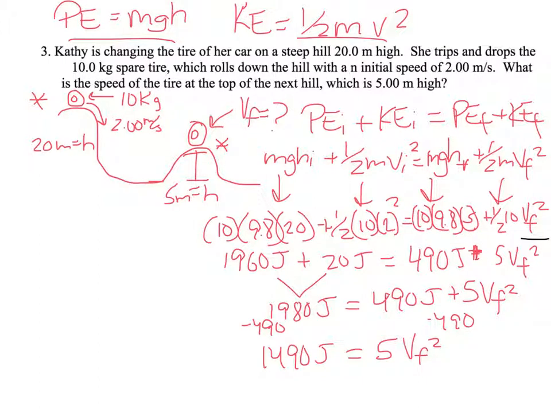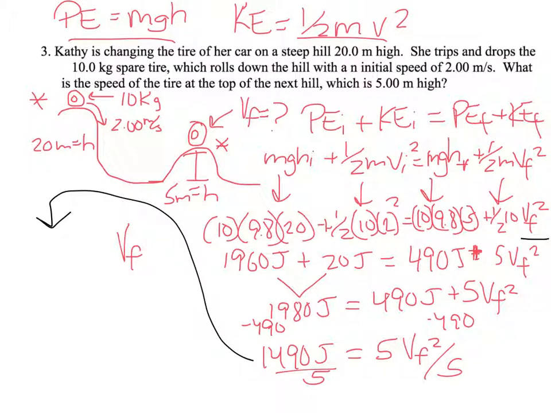From here, I will bring my work up to the top here to save some room, but I'm going to have to divide both sides by 5 in order to get velocity final by itself. So that would end up giving me velocity final squared is equal to whatever 1490 divided by 5 is, which ends up being 298. Now, is that the answer?